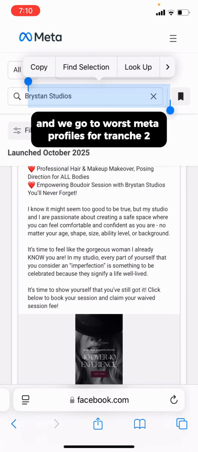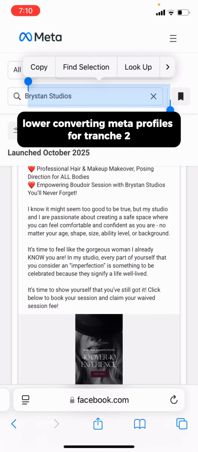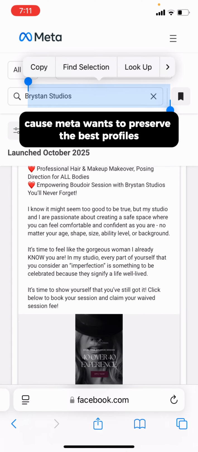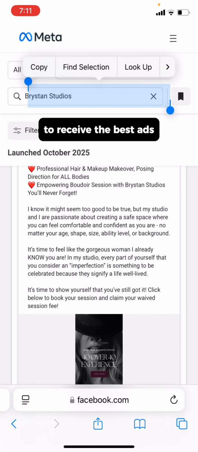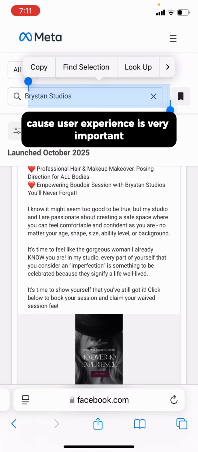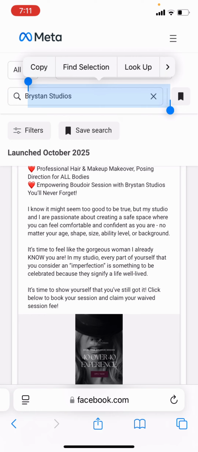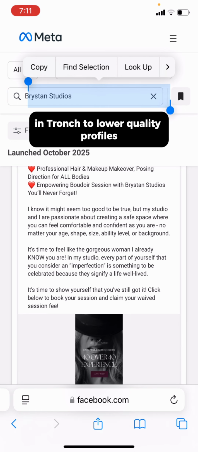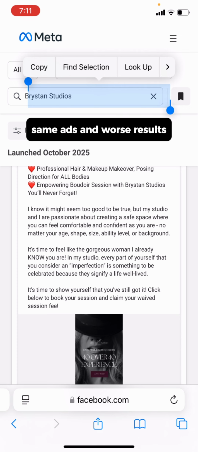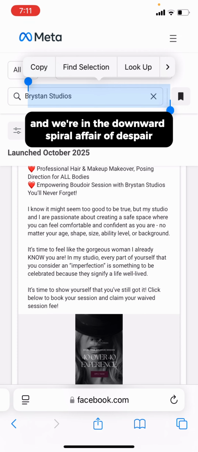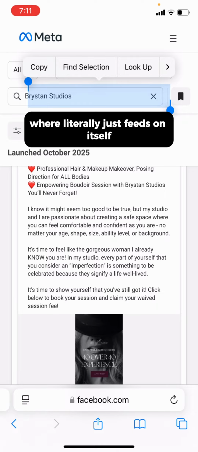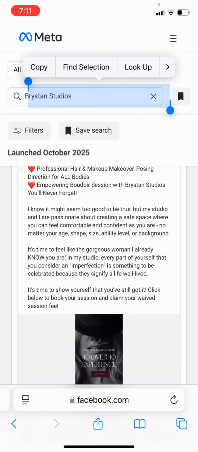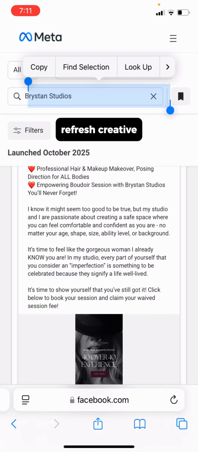And we go to worse, lower converting Meta profiles for tranche 2, because Meta wants to preserve the best profiles to receive the best ads, because user experience is very important. So because we're into lower quality profiles in tranche 2, same ad spend, worse results, we're in the downward spiral of despair where it literally just feeds on itself over and over again until our ad burns out, dies, refresh creative.